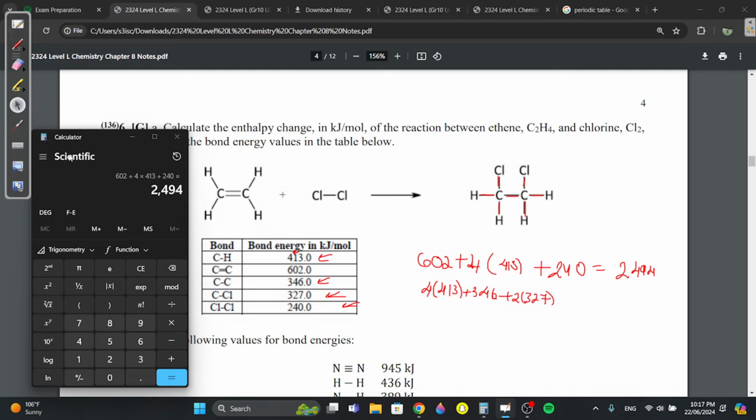Let's put this in a calculator: 4 times 413 plus 346 plus 2 times 327. You get 2652. And for bonds, we always subtract the reactants minus the products. So 2494 minus 2652. You get negative 158.